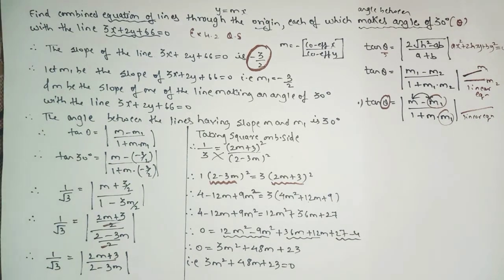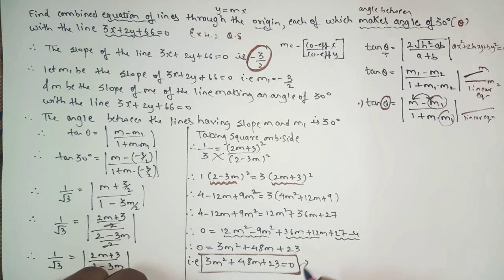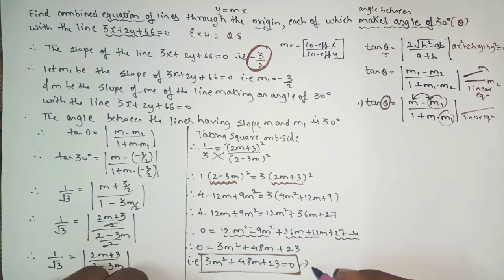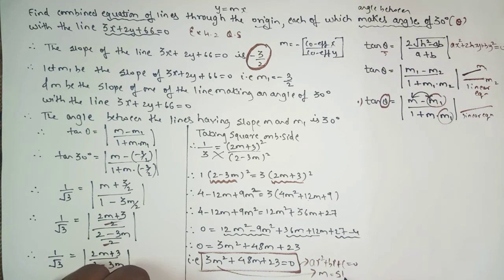So here we got a quadratic equation, yes or no, which is in the form of ax square plus bx plus c, but with the variable m. We know that m is the slope.